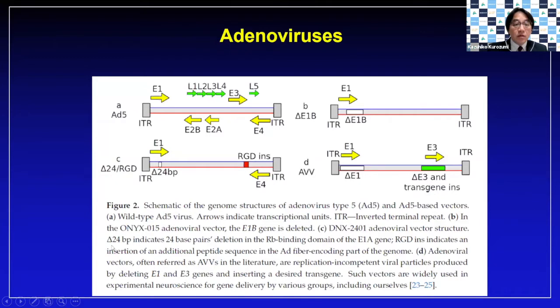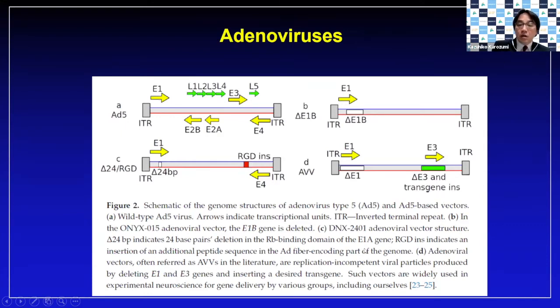This is delta-24, where 24 bp indicates a 24 base pair deletion in the RB binding domain of the E1A gene. And in this one, the E1 region and E3 region are deleted. Then we can put therapeutic genes in the E3 region here.